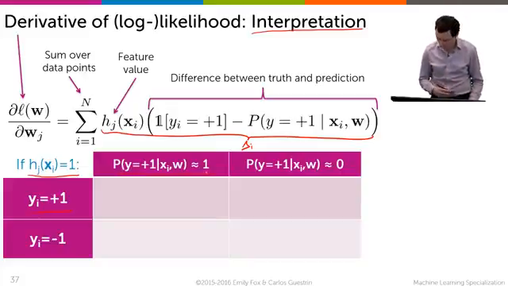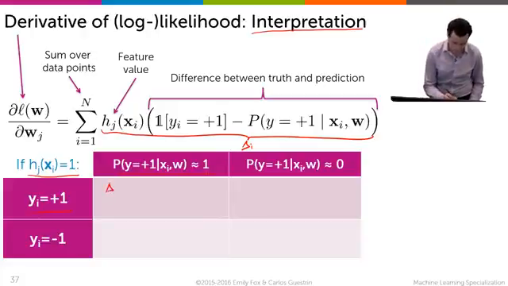So let's interpret what happens. In this case, delta i is going to be equal to the difference between 1, the indicator function being positive, and the probability here, which is approximately 1. So this whole thing is going to be approximately 0.